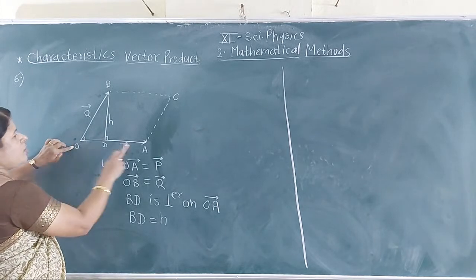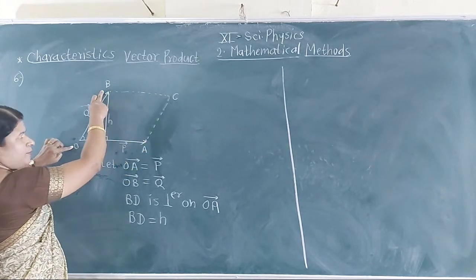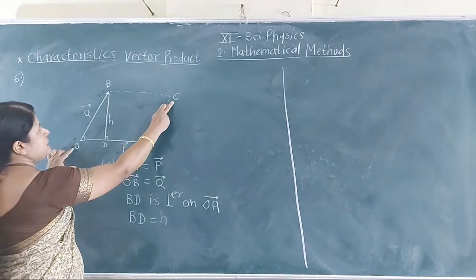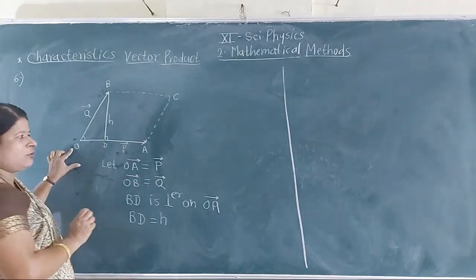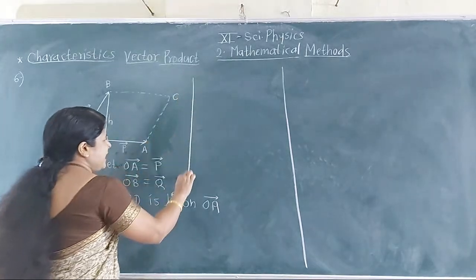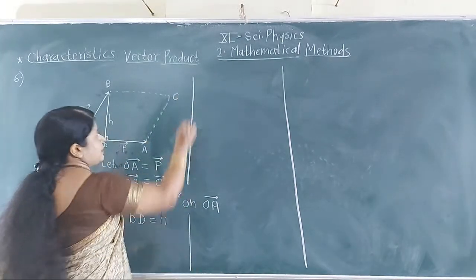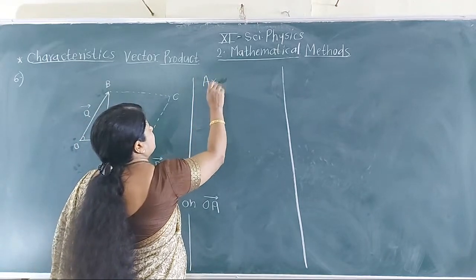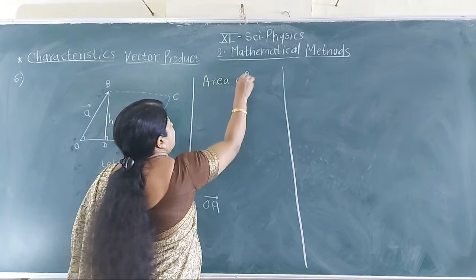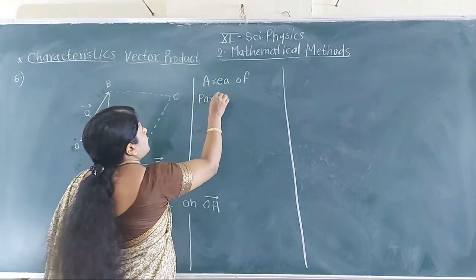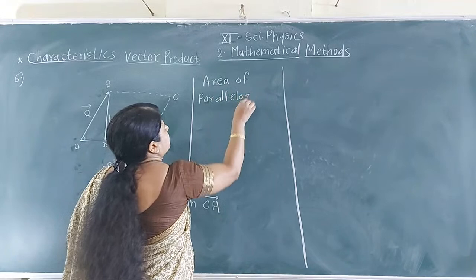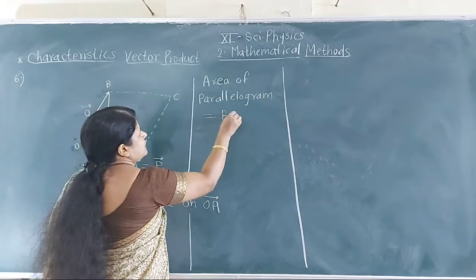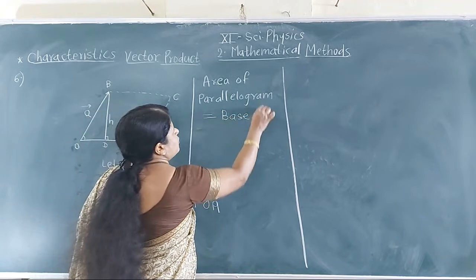Now OACB is the parallelogram, and we know that the area of a parallelogram is equal to base into height.